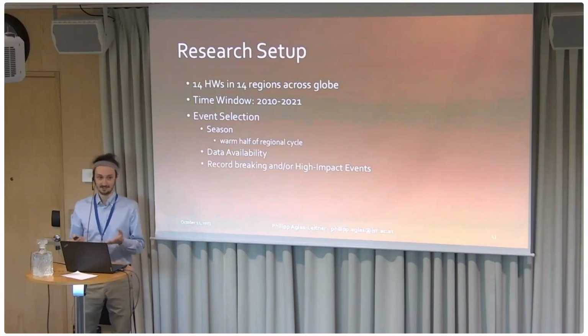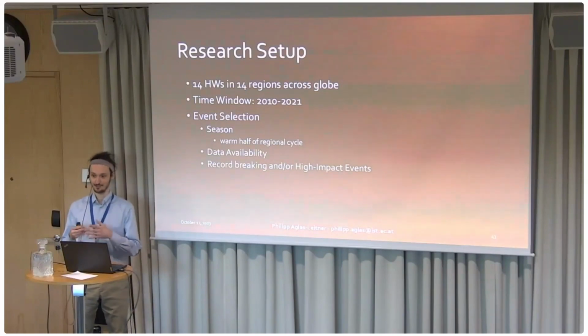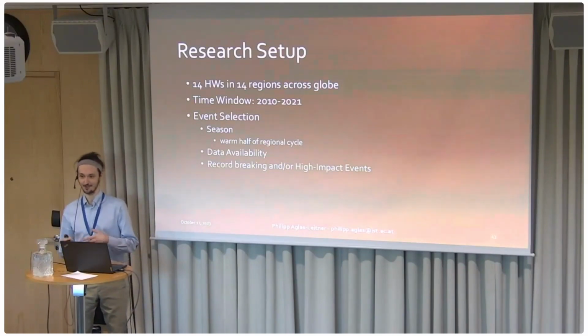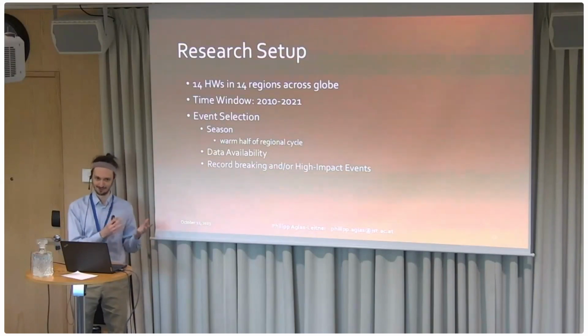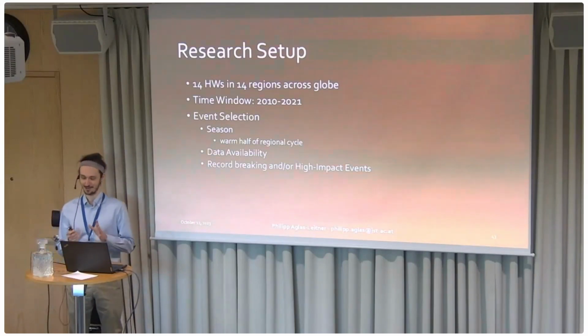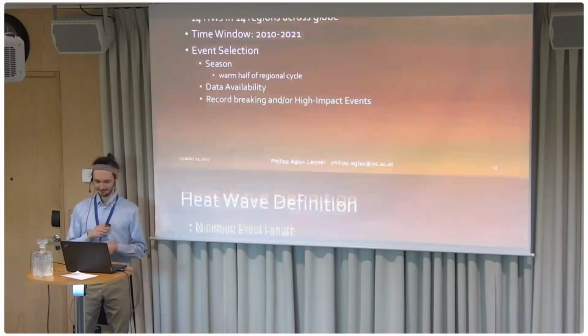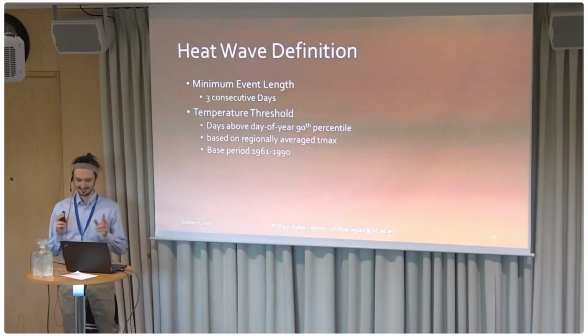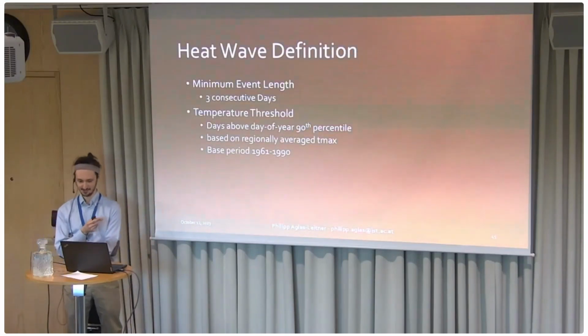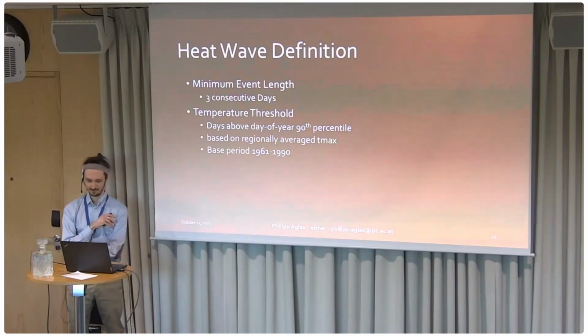Assuming that we have a very interdisciplinary audience here today, I do not want to bother you with too many technicalities, although some will be useful in order to understand the context, so please bear with me. One of those technicalities is our heatwave definition. I'm going to give you a brief overview.